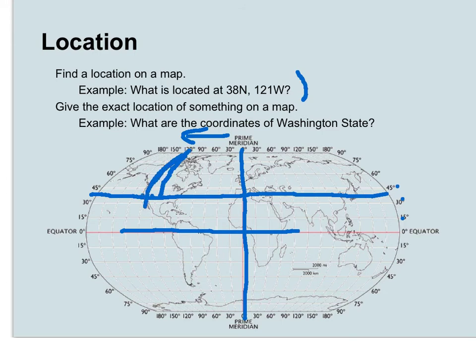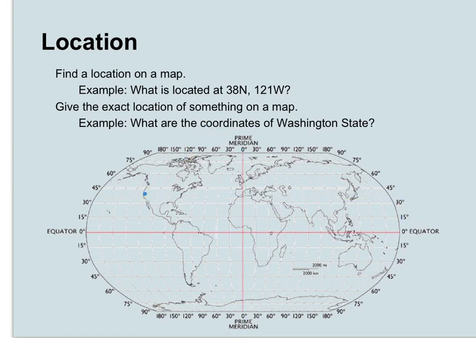So 121 is just barely to the left of that. Let me take all those lines off so you can see that spot. And that spot comes in right about there. And guess what that is? That is the state of California.